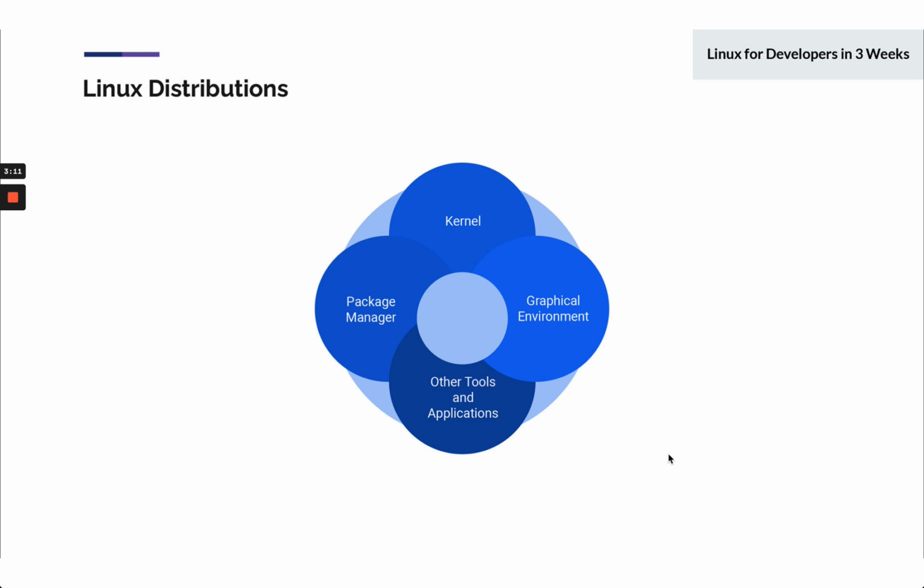Sometimes people think that each distribution is a whole separate operating system, but it's not really true. That's not the way Linux people think of it. Linux people think of each different distribution as just another flavor of Linux, where Linux is ice cream and the distributions are chocolate and strawberry and so forth.